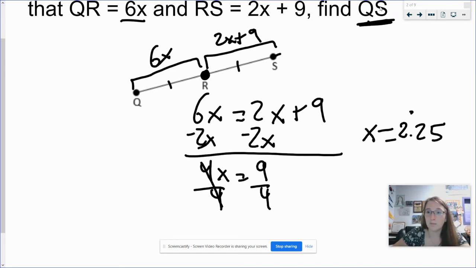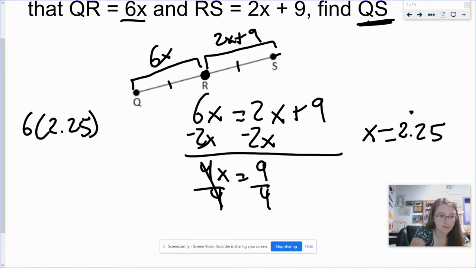I'm going to plug in because they want the whole thing. If it just said find QR, then I'd only have to plug into 6x. If it just said find RS, then I'd only have to plug in here, right? But since it says find QS, we're going to plug into both and add our answers together. So I've got 6 times 2.25, this is QR. I've got 2 times 2.25 plus 9, this is RS.